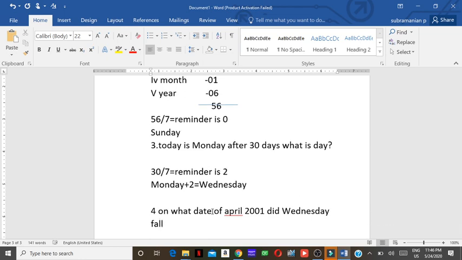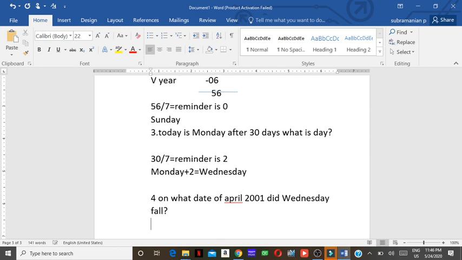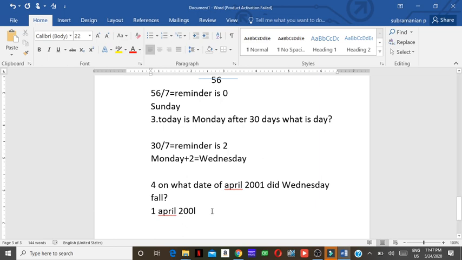We don't know any date for Wednesday. We know only the year and month. In this case, we have to assume the date. First, we have to find which day 1st April 2001 is.